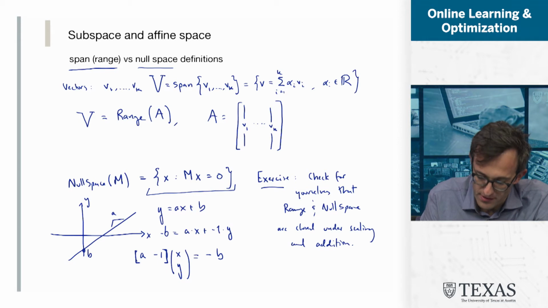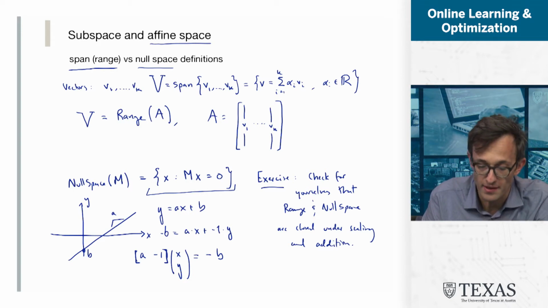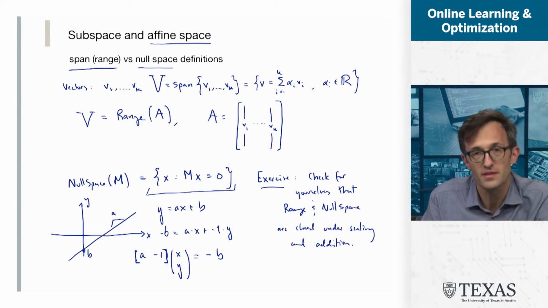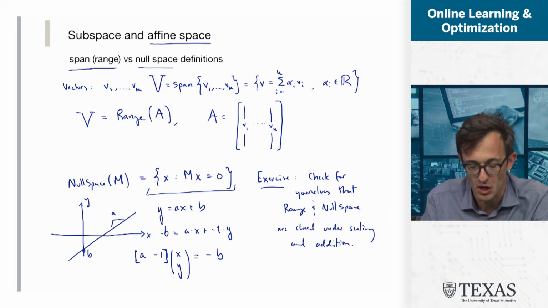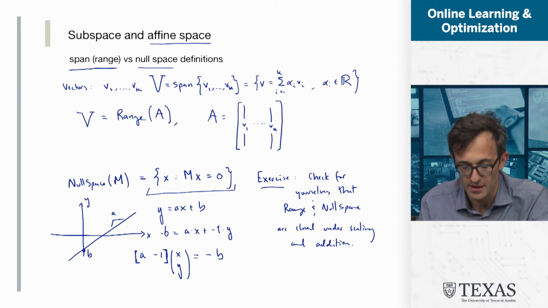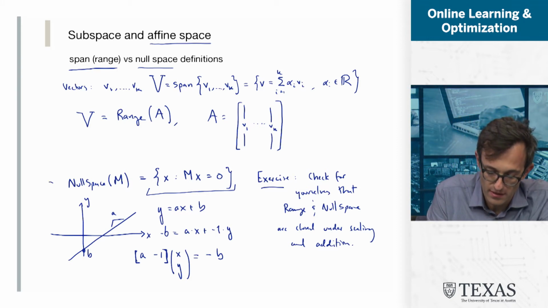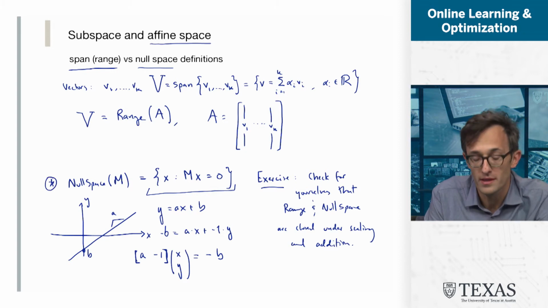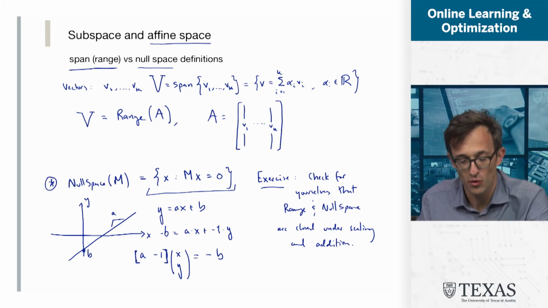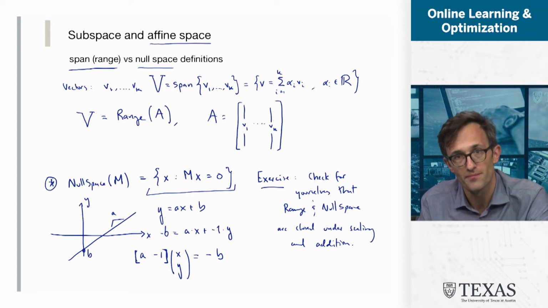So why did I write this with an offset? This is the second part of the title, an affine space. So you see that a subspace is exactly the same as an affine space, except it's offset by 1. One of the things that we're going to be seeing repeatedly in this class is subspaces and affine spaces defined in both ways, but we're going to see them quite a bit defined in this null space way, exactly because we care about lines in 2 dimensions.